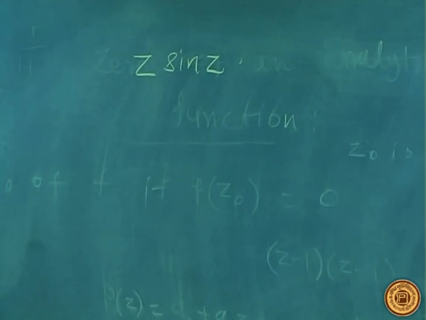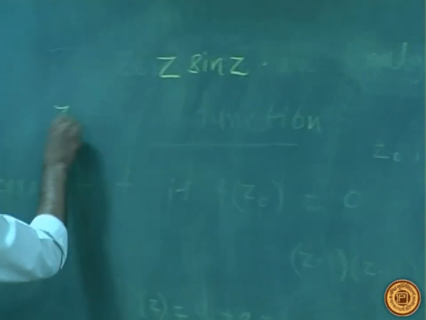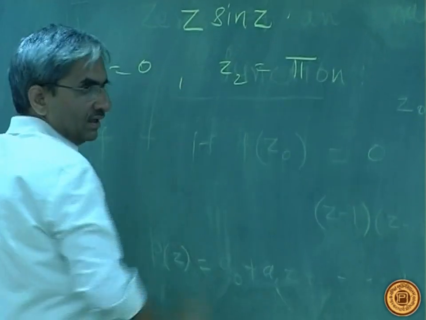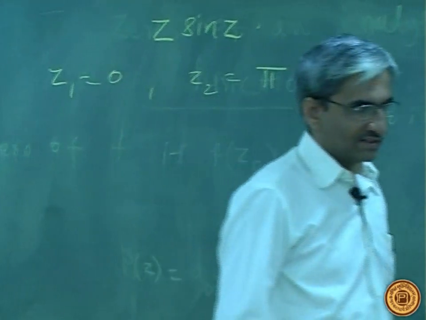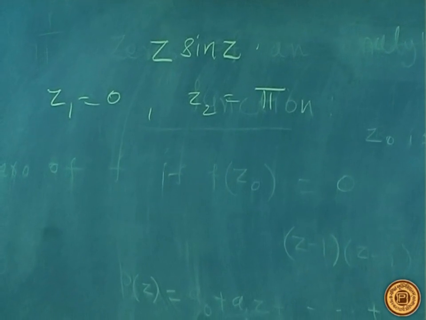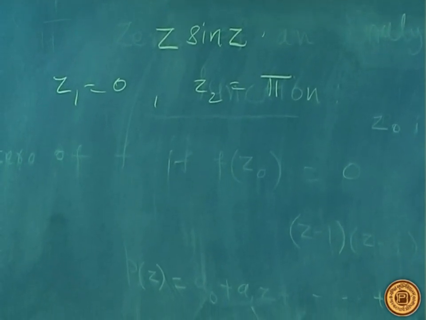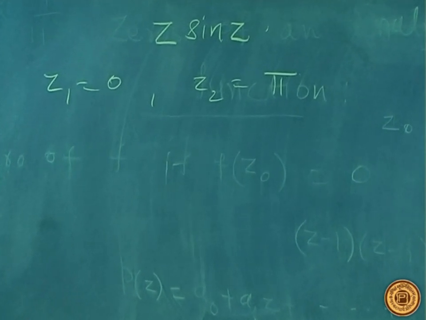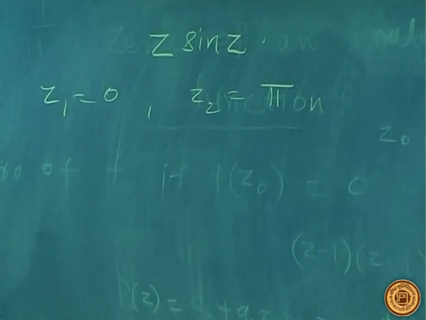So let me call z1 equal to 0 and z2 equal to say pi. Then both are zeros. But what is the difference? Some kind of nature of the zero. Can you say that one is different from the other, or the multiplicity, the number of times it occurs?